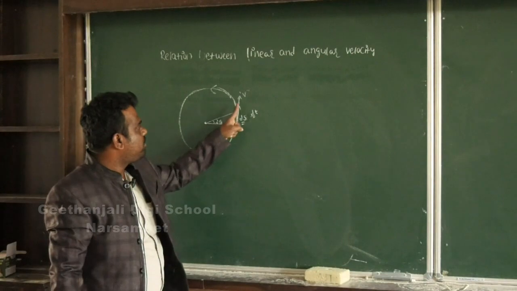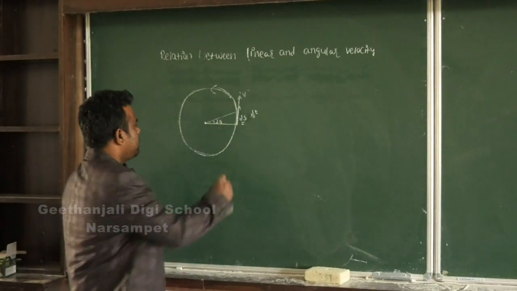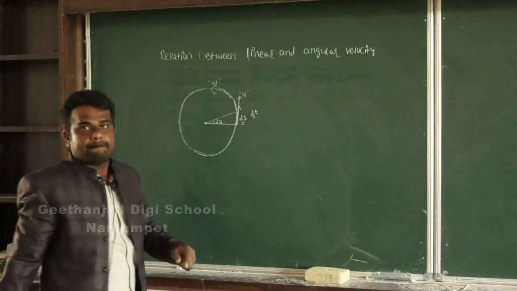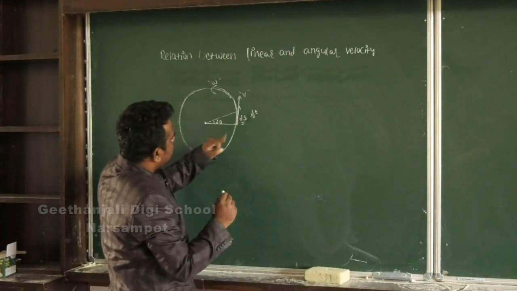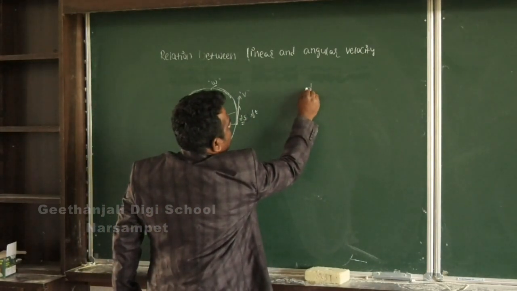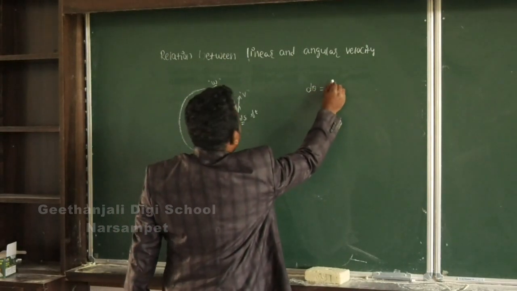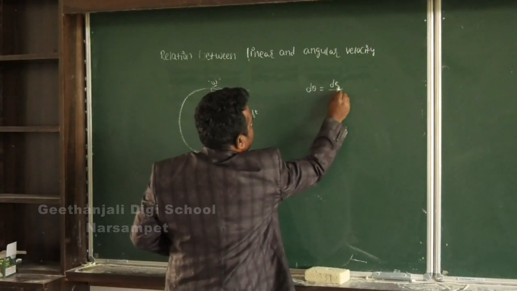Now I am going to find the relation between this linear velocity and angular velocity of this particle. So let us see. From this information I can write this small angle d theta is equal to arc length ds by radius r.